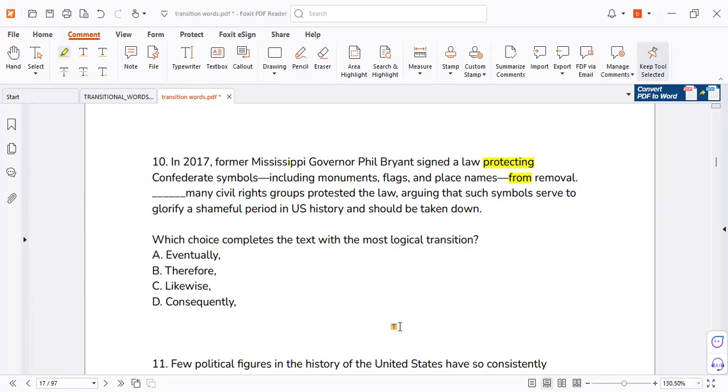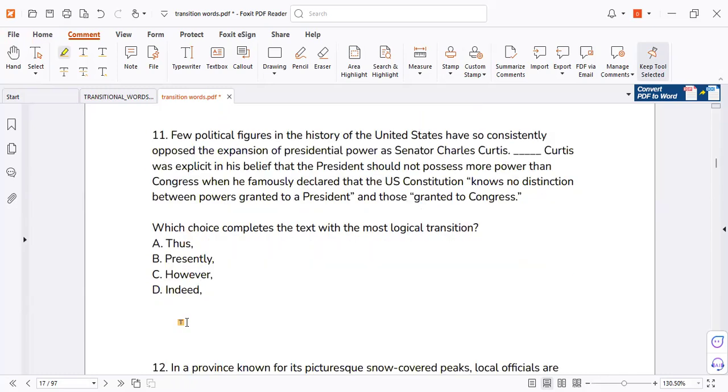But no, or it could be yes. Or consequently, as a consequence, as a result. So letter D is the best, yes. So they want to protect it from removal. So what happened because of that? We tested the law. Feel it? Such a symbol served to glorify a shameful period in US history and should be taken down. Yes. Number 11.